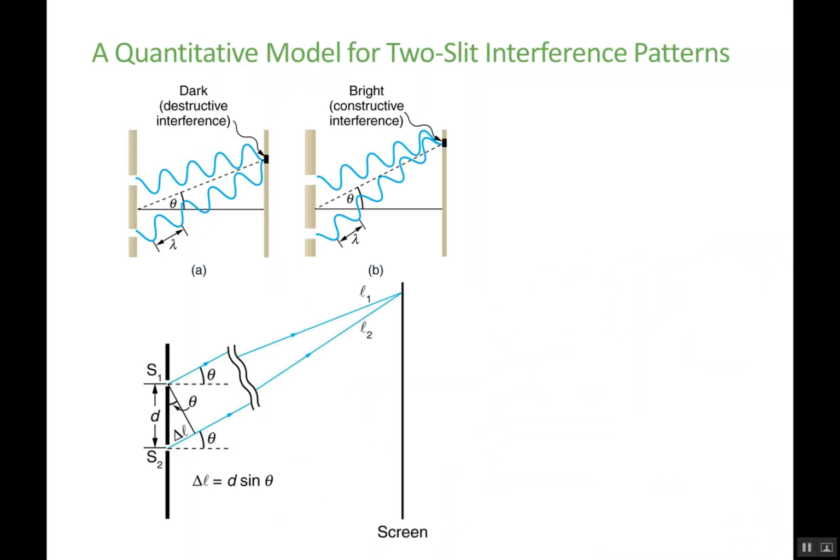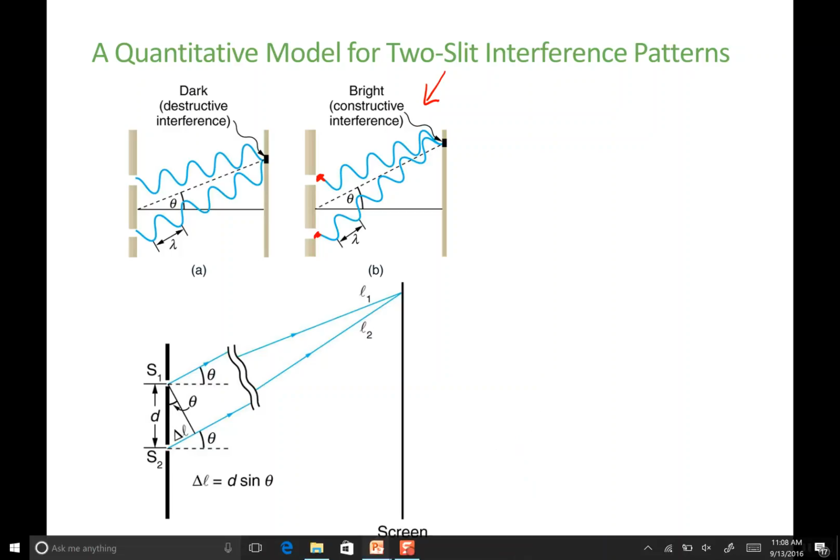These figures are trying to show what's going on in a more simplified fashion. So let's take a look at this part of the figure first. What it's trying to show is when the waves emanate from the two slits, because the light from which these waves originate is from the same source, those waves are in phase with one another, which means at the slit, peaks will always line up with peaks and valleys will always line up with valleys.